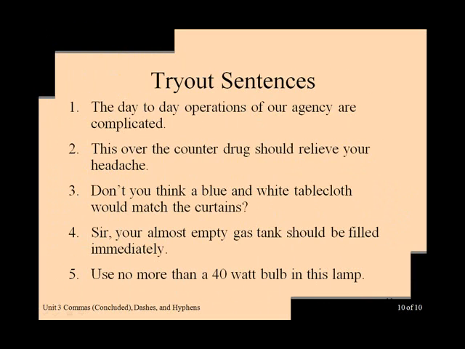Another thing I'll go ahead and tell you as a little clue is if you have two of something, like a two-way mirror. Normally if you have two or more of anything, you're going to use a plural for the word that follows it. So the mirror can be seen two ways.